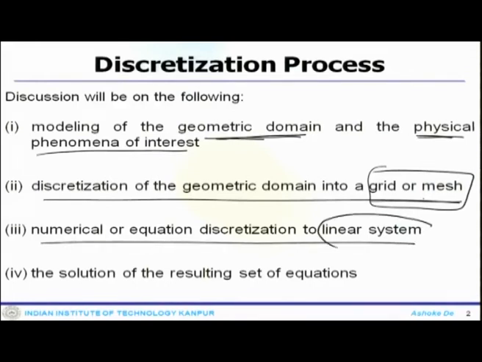This is where your physical problem of interest, through mathematical techniques, gets transferred to a linear system. Once you get a linear system, you get the solution of that linear system. So, in the discretization process, we will see how a physical problem is transferred to a linear system.